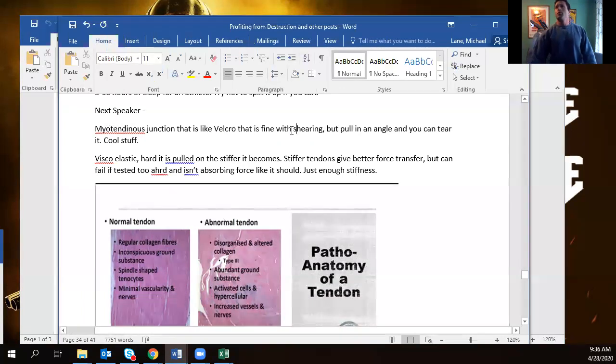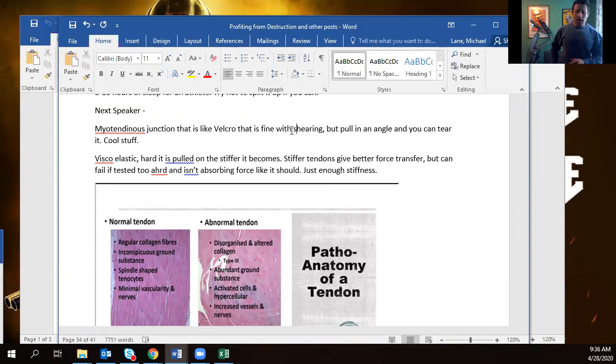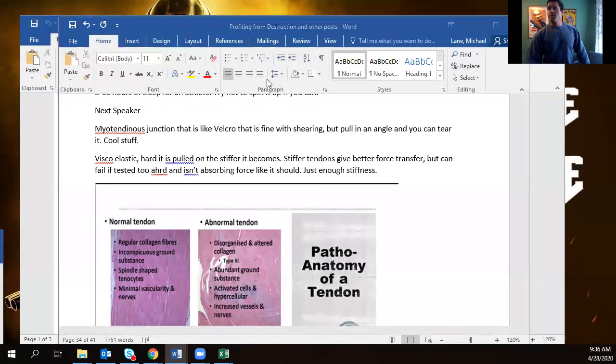So it's meant to deal with pulling across, but if you pull on an angle, you can literally tear it right off. He showed a video of someone doing a jump start, and you see this gal's calf just roll up. She definitely ruptured her tendon there, and it was slightly nauseating, but also just really fascinating.